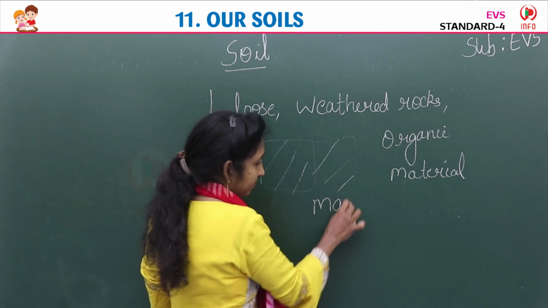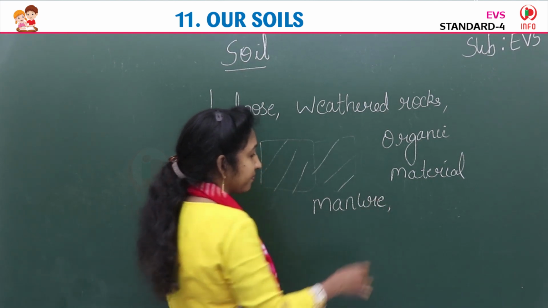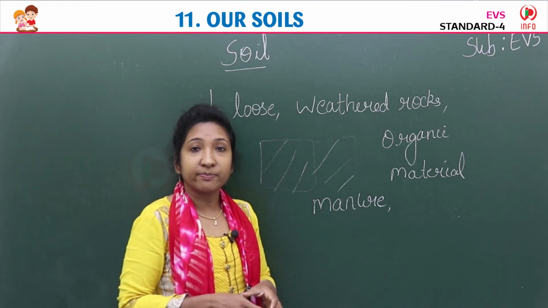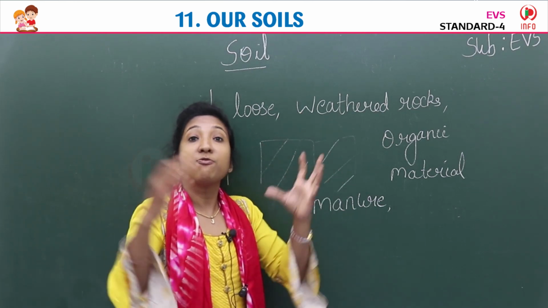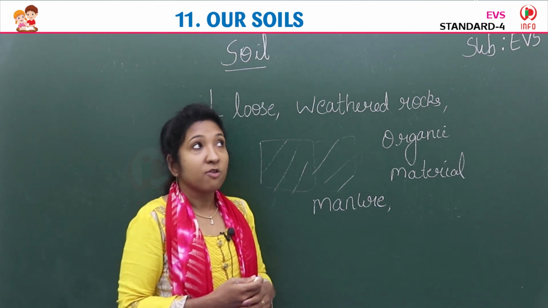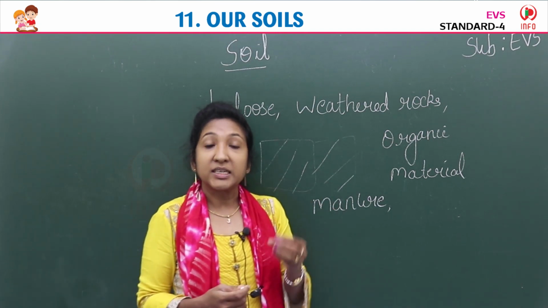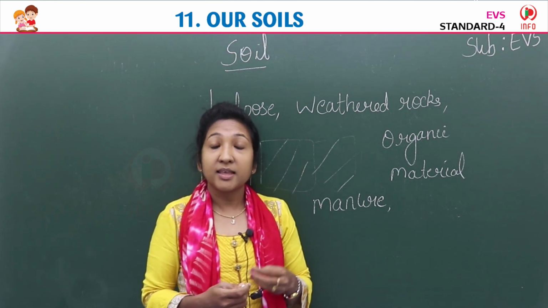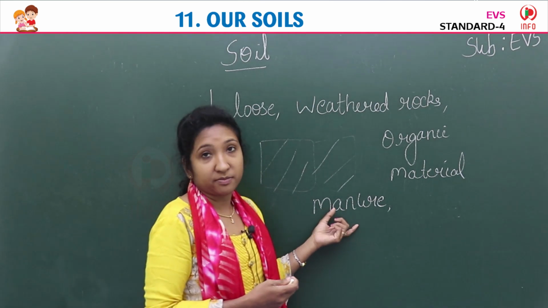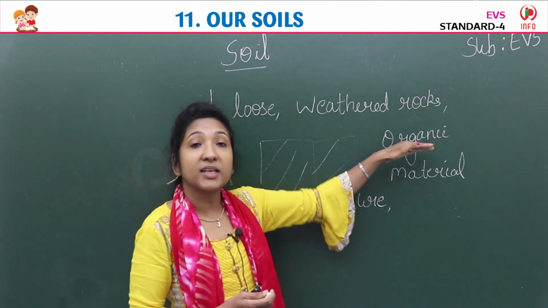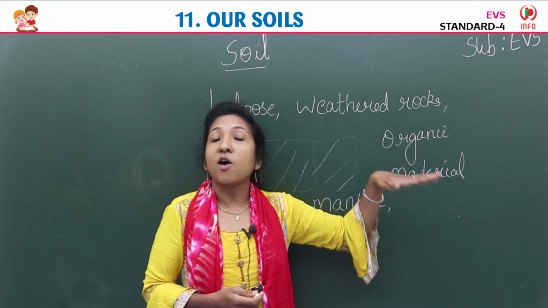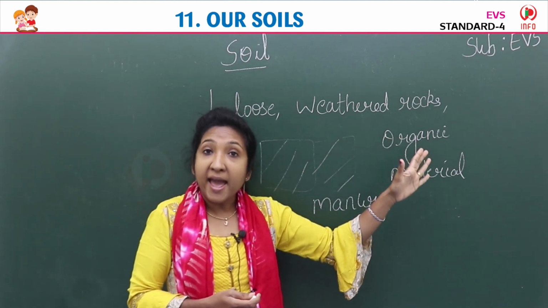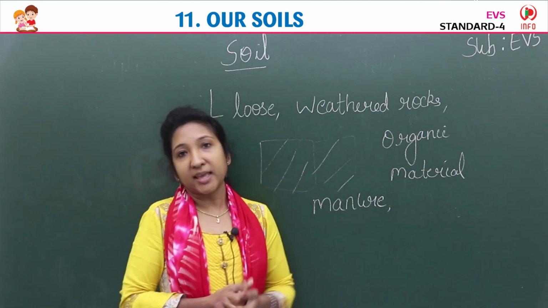Manure is nothing but some substance which we add to the soil to improve its quality, so that we will get a good flowering plant. For example, cow dung, green manure, or leaves are all good manure. These are called organic materials. So soil is made up of loose, weathered rocks and organic material.